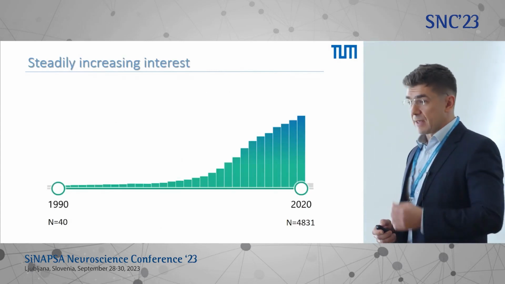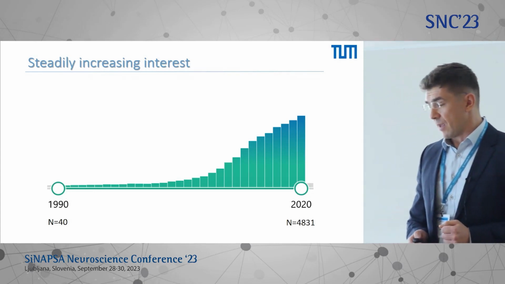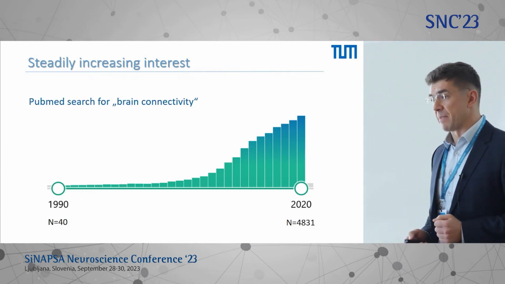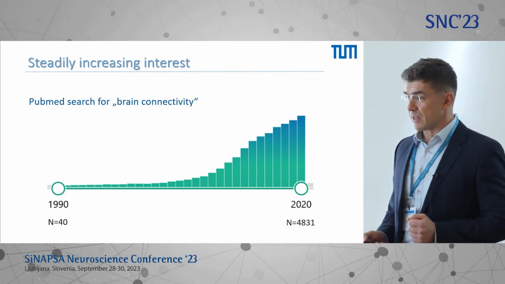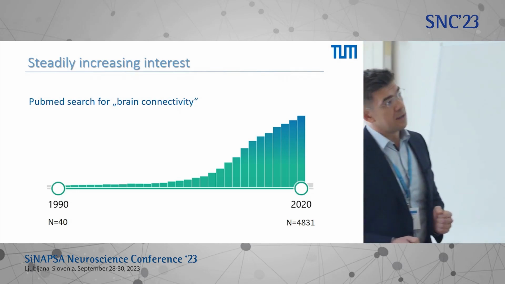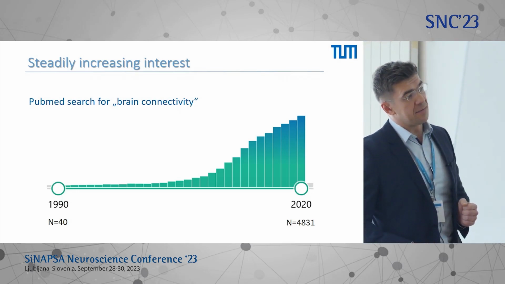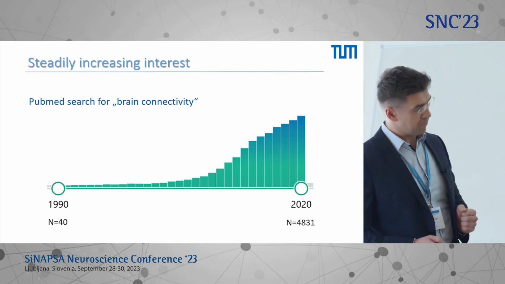And there is a steadily increasing interest in brain connectivity. Here is a PubMed search for brain connectivity. You see 40 hits in 1990, while there are nearly 5,000 hits in 2020.